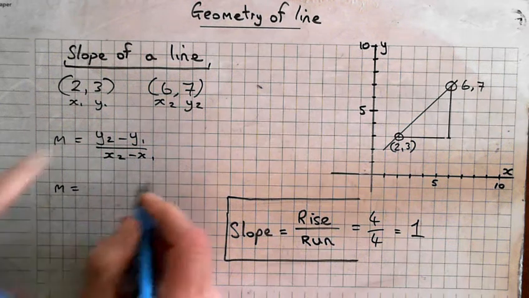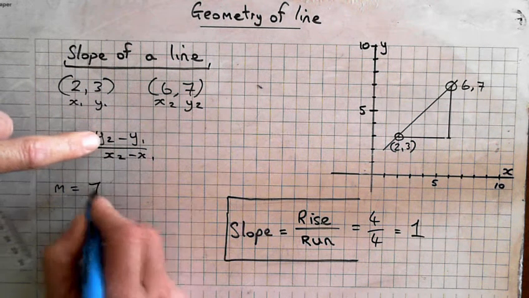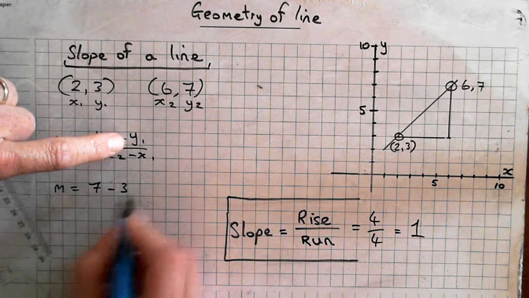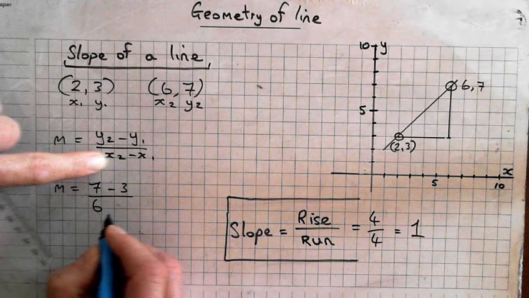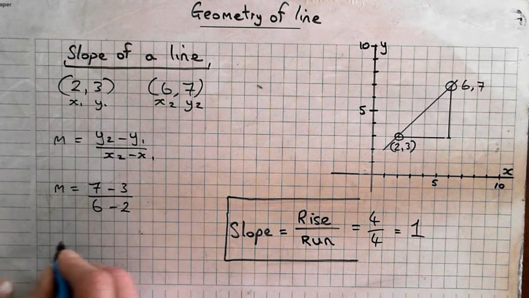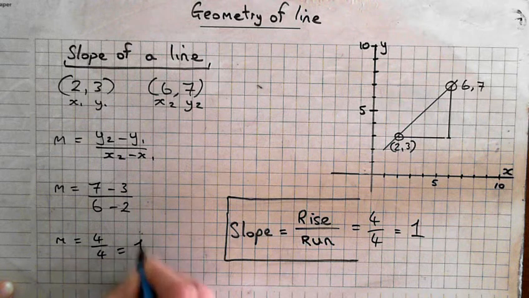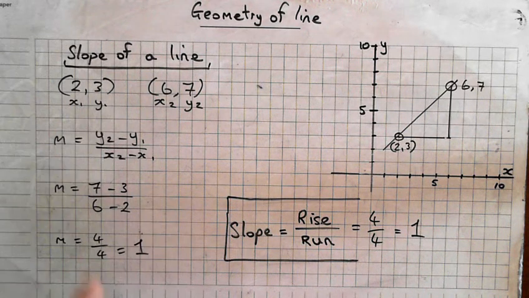M, the slope, is y2, 7, minus y1, 3, over x2, 6, minus x1, 2. 4 over 4, which is equal to 1. So that's using the formula, the mathematical way. This is using rise over run to get the slope of that line.